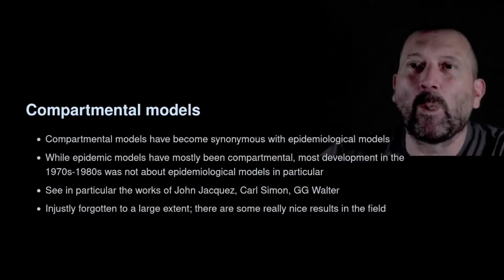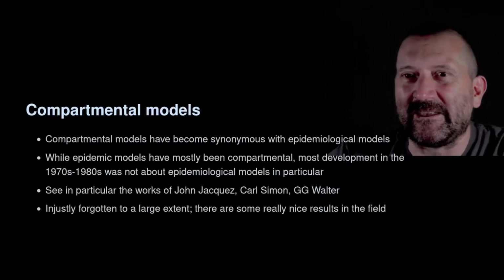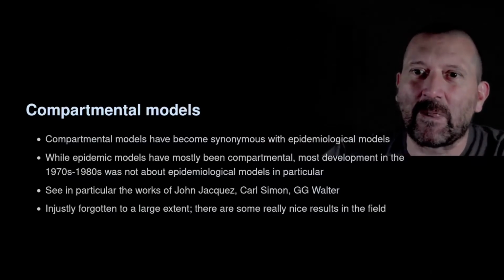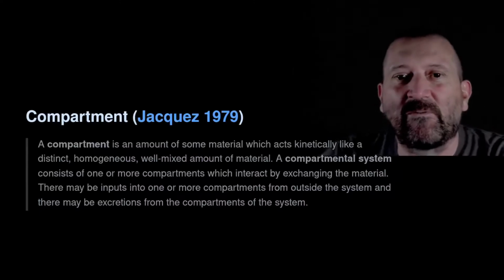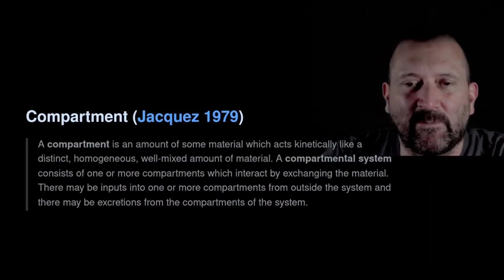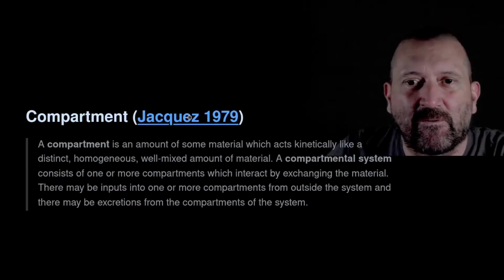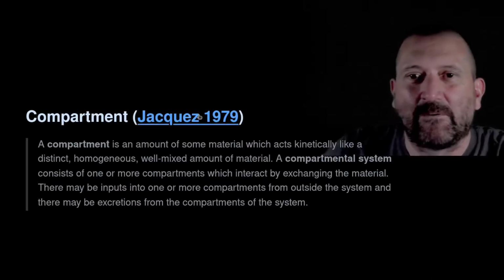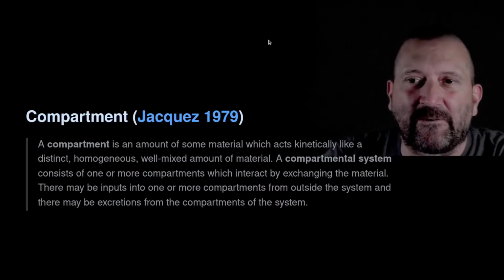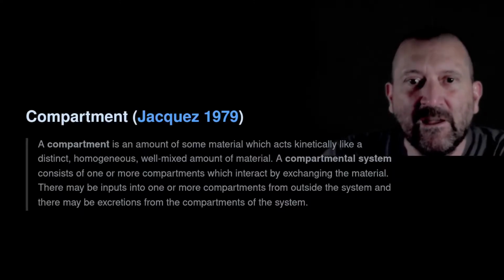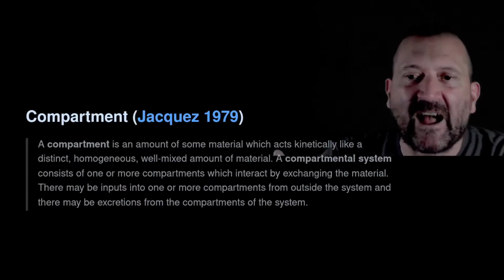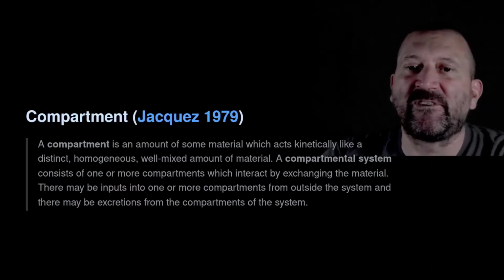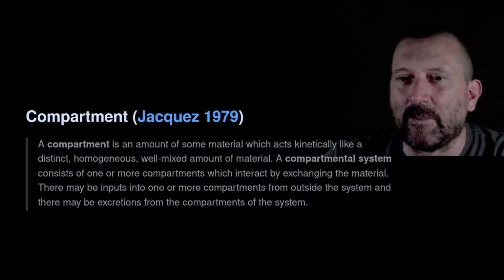We all use compartmental modeling ideas, but there are some more general ideas in compartmental models that people reinvent all the time. So what's a compartment? The definition that I'm putting here is from Jacquez, and as I pointed out in the intro lecture, you can click and that will take you to the paper in question. A compartment is an amount of some material which acts kinetically like a distinct, homogeneous, well-mixed amount of material.